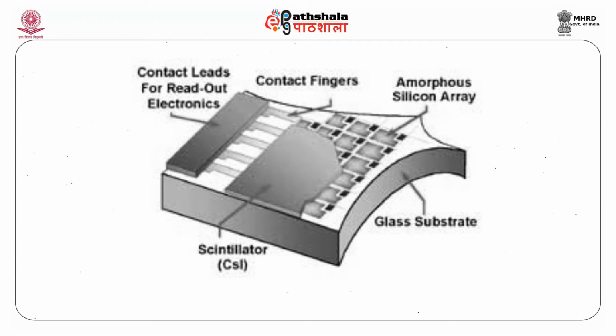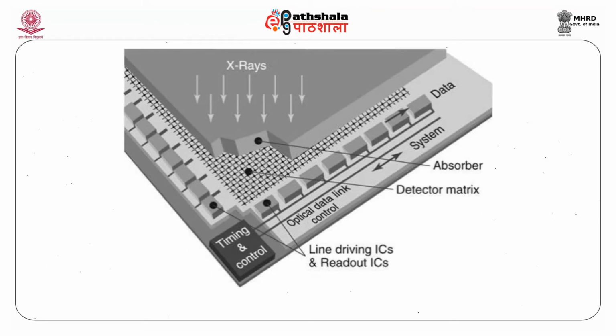The scintillation crystals are made of cesium iodide or gadolinium oxysulfide, as seen in the CCD based system. Instead of the optic coupling there, we use an amorphous silicon photodiode array. The function of this photodiode array is to convert light into electrical signal, followed by which there is a thin film transistor, also called the TFT, which is a readout array, and it acts as a switch.